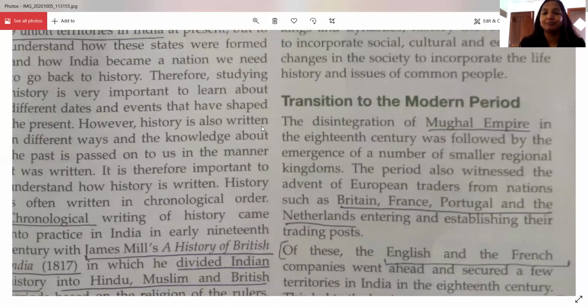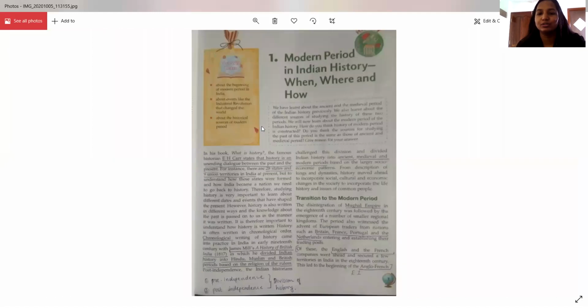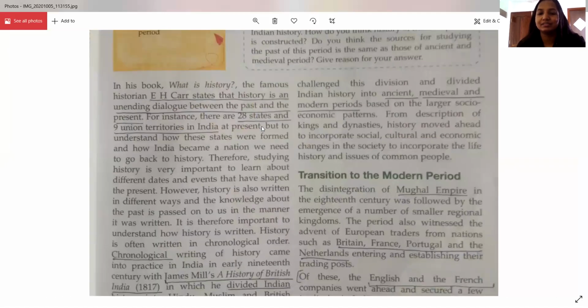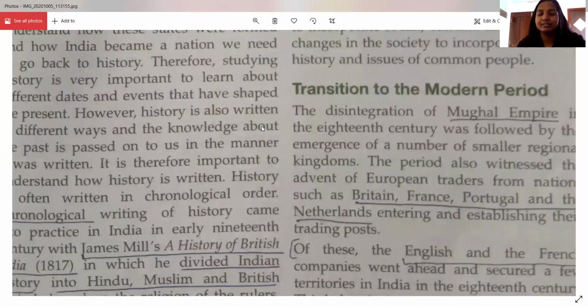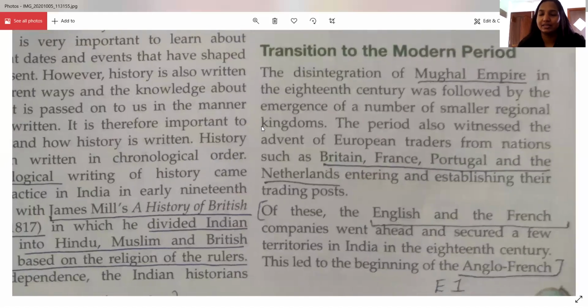And we learned about how the transition took place from medieval to modern, and we learned that the Mughals and the Delhi Sultans, the Mughal Empire, were ruling the land, and later smaller kingdoms started ruling. And then India was occupied by the traders from Britain, France, Portugal, and Netherlands, from which British and French stayed back and the others left.